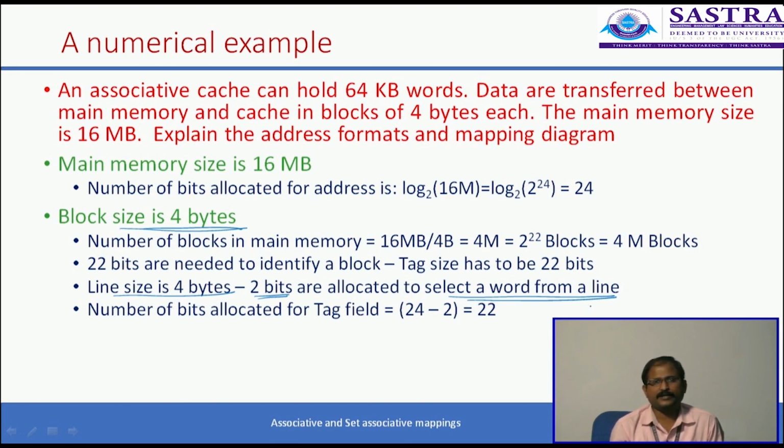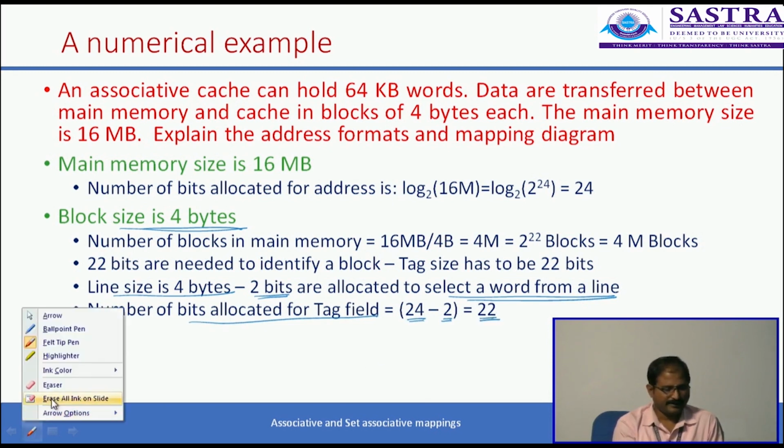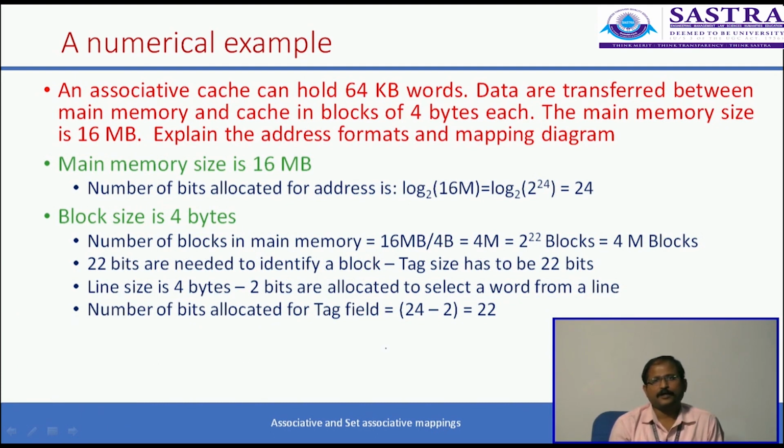So, the remaining 22 bits are allocated for the tag field. Number of bits allocated for tag field is equal to 24 minus 2, equal to 22. In either way we can get the number of bits allocated for the tag field and word field.